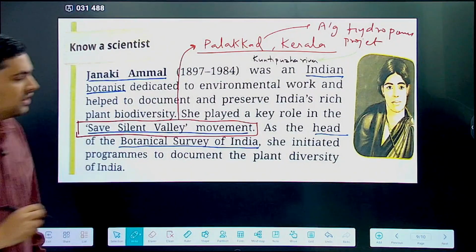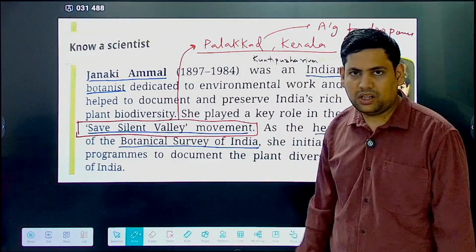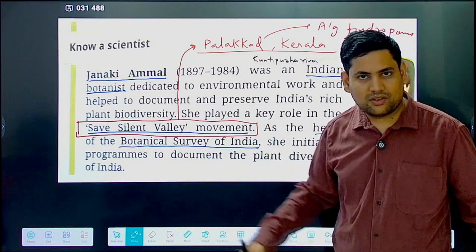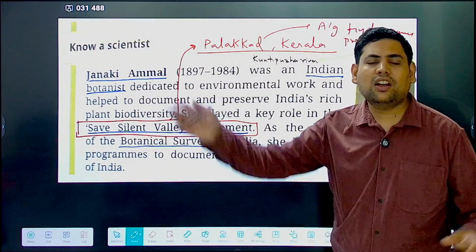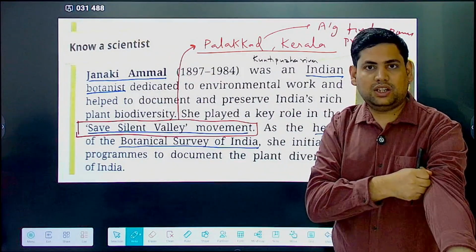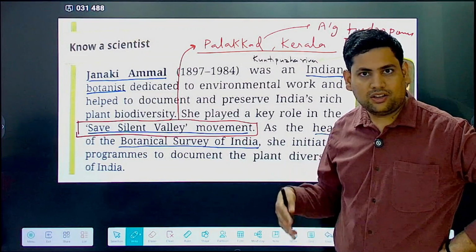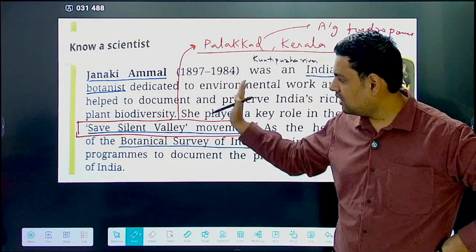So this was the plan, and of course it would have affected the environment around it, and Silent Valley was the region where this was happening. She and many others, of course the community, opposed it and stopped this. They struggled for almost a decade to get this hydropower project cancelled, and this is her role.